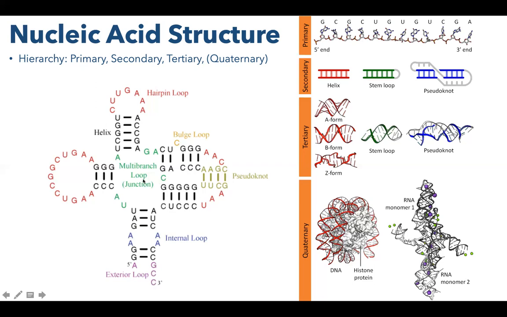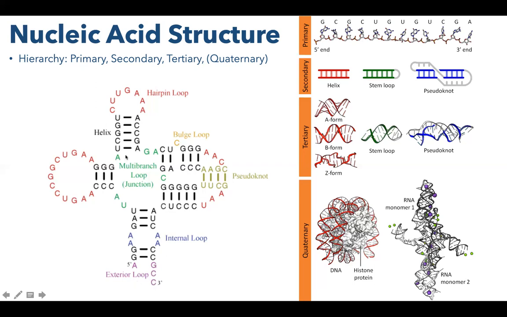And we have what we call the junction or multi-branch loop. So this is a region in your RNA molecule where you find several stems meeting. So it's like, from the name itself, a junction.